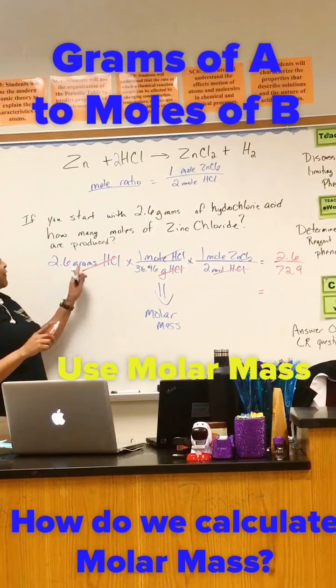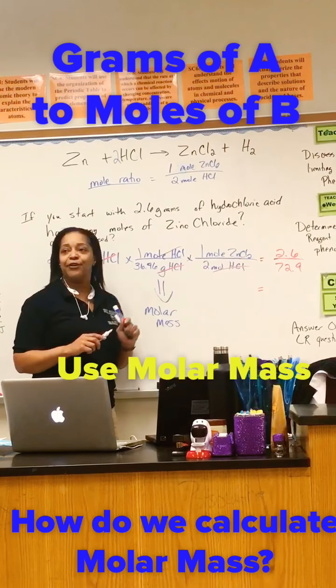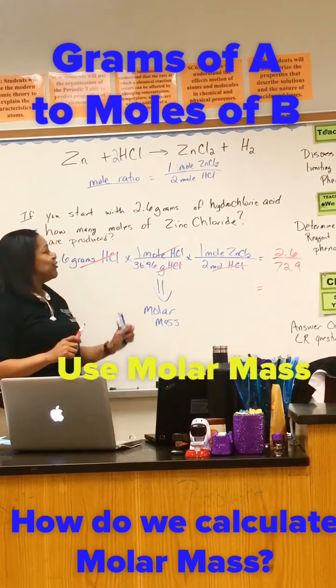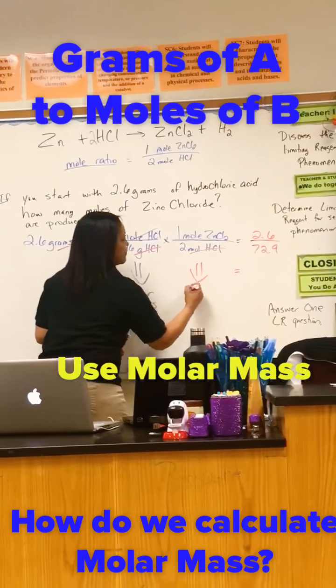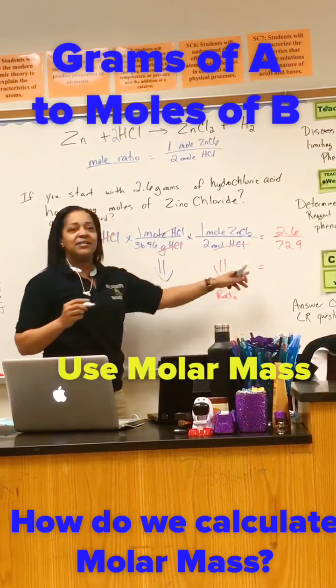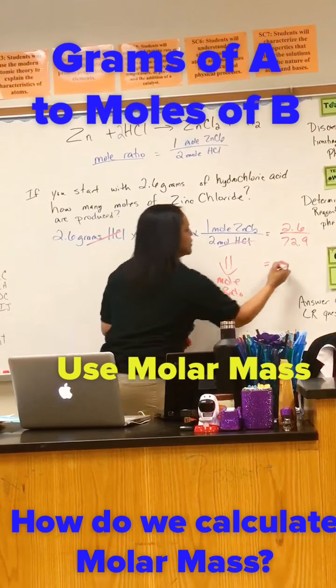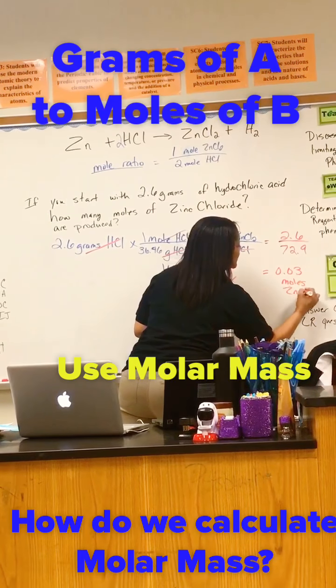And remember, we just went from grams of one thing to moles of a totally different substance. And we use the molar mass and the mole ratio to get it. And what's my answer? 0.03 moles of zinc chloride.